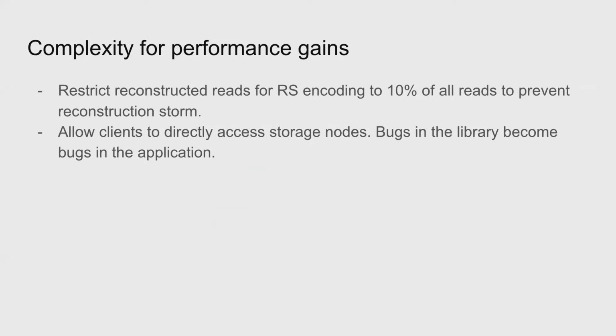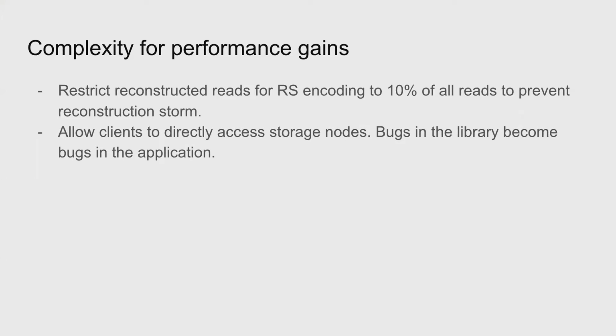With that, the paper mentions some complex parts of the system which they did for performance gains. So Tectonic stores its data via contiguous Reed-Solomon encoding. This is done to improve space, IO and networking efficiency for large writes. And most of their reads are usually direct, and they say that it does not require RS reconstruction.